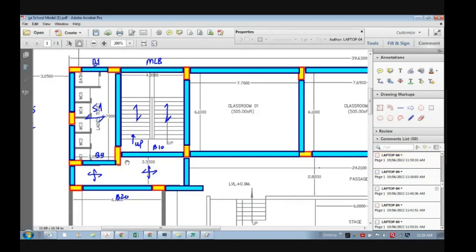Now, apart from you, I ask other people, whatever decision we have taken previously before this column location, वो हमारा wrong था क्या? Whether we have a wrong last time? No, sir. Why?